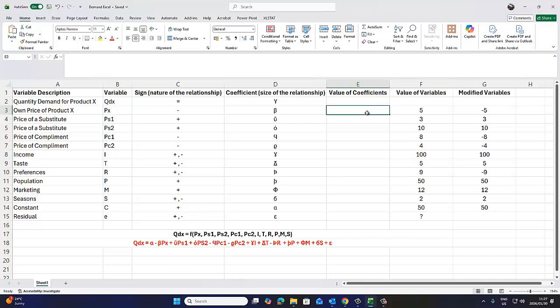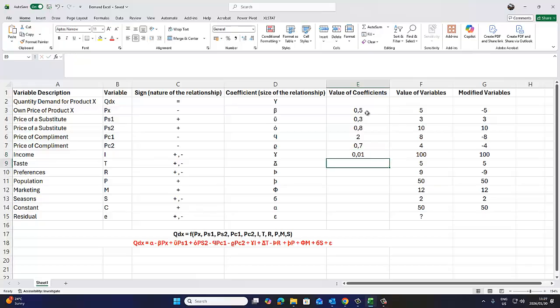Okay, so what would be these values? So we make them 0.5, 0.3, 0.8, 2, 0.7. Income 0.01.